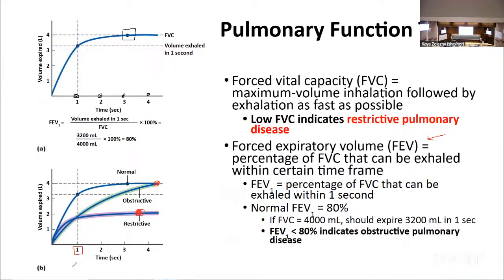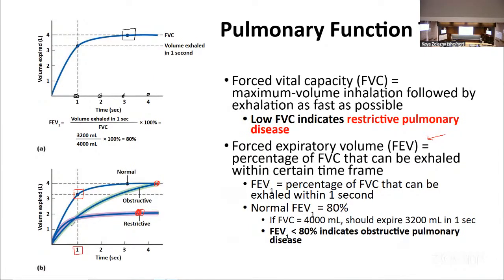In a normal lung, it's going to be most of it. We're almost up to our forced vital capacity, even in that first second. So we're at 80% as our ballpark for normal lung function when we're looking at these FEVs.